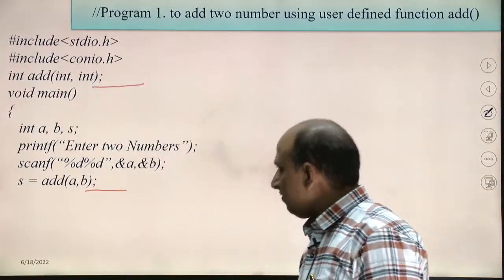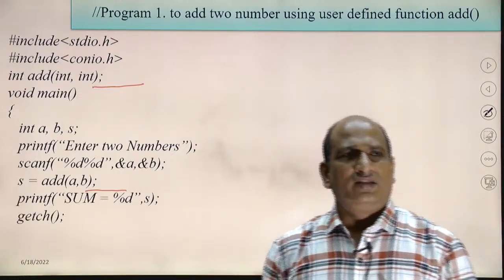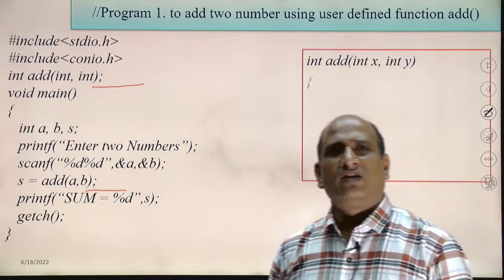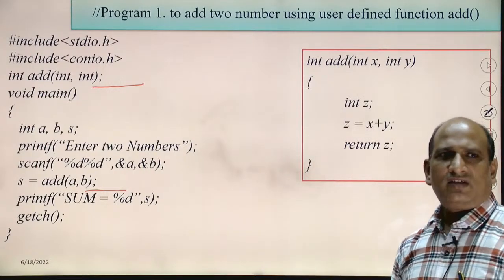And now whenever the function is called, the control will jump to the definition of that function. This is the definition of that function.